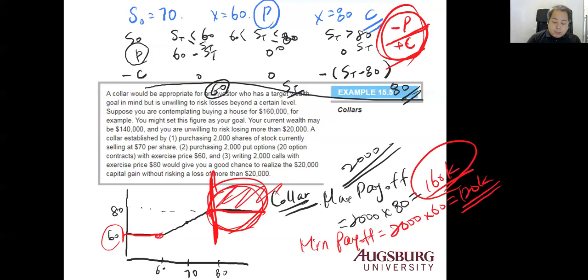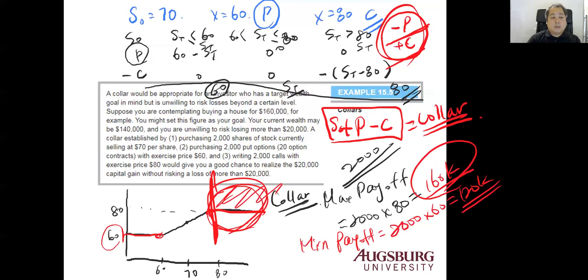So you have the stock, you have a put option, and you sell a call option. That's a collar. Stock, put, and sell call, okay?